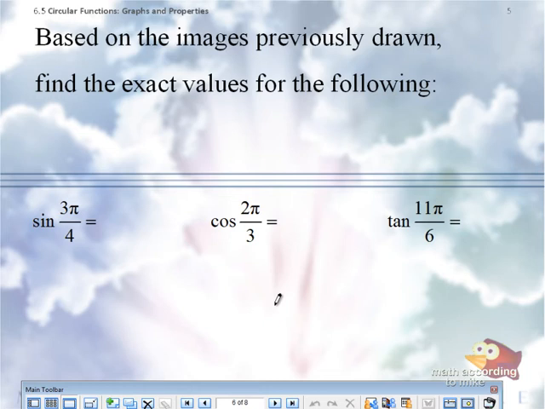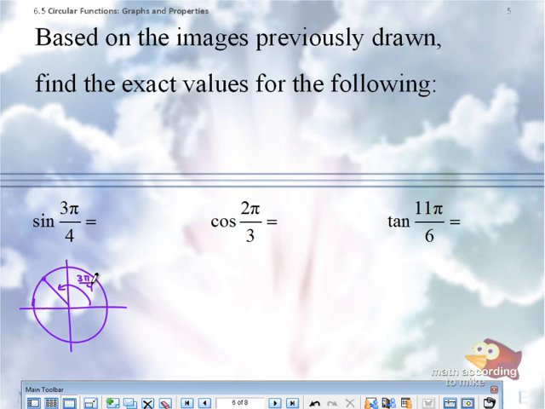What quadrant is 3 pi over 4 in? Second quadrant. So this is 3 pi over 4. Sine is what there? Positive or negative? Positive. Okay.